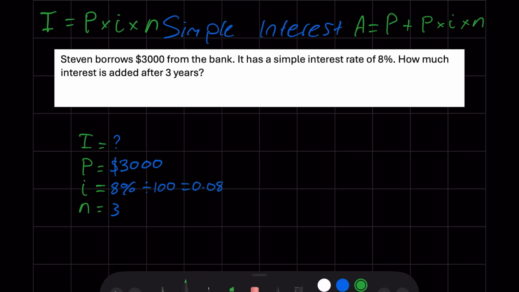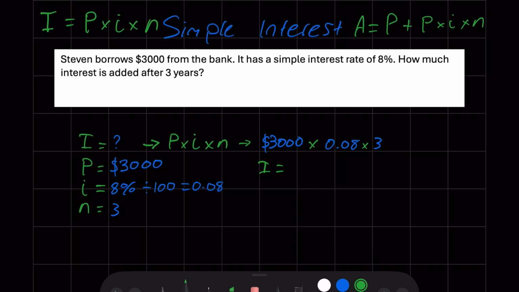Let's go back to this big I. Because if you look in our top left, big I is equal to P times little i times N. I can put my values in here. P is equal to $3,000 times our little i, which is 0.08, times N, which is 3.